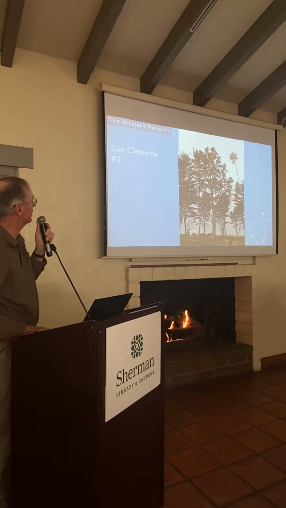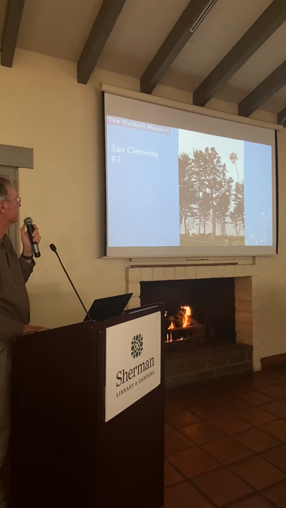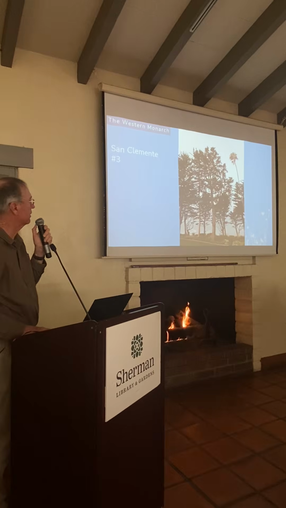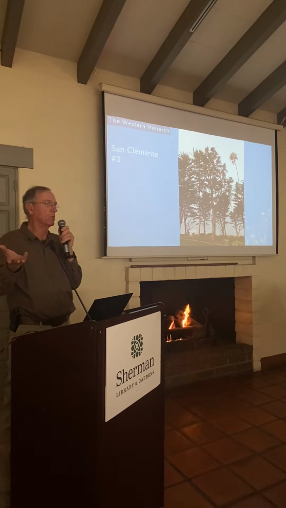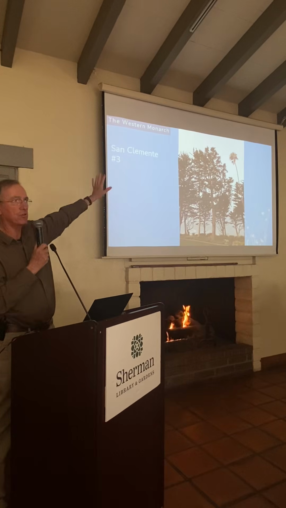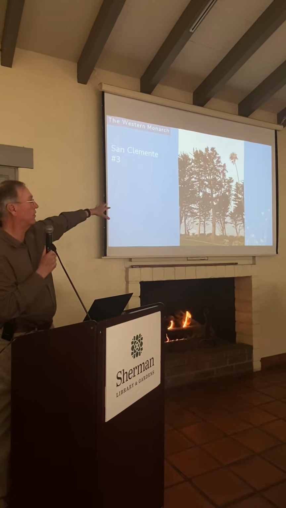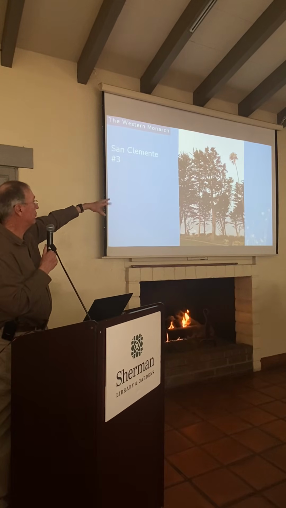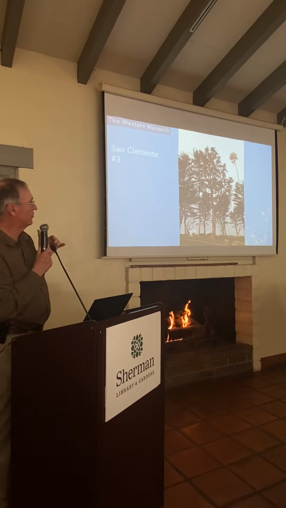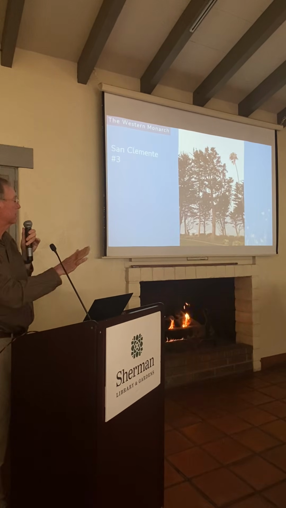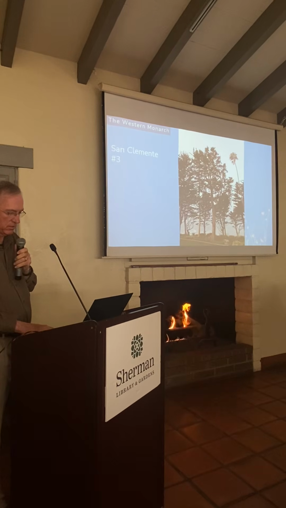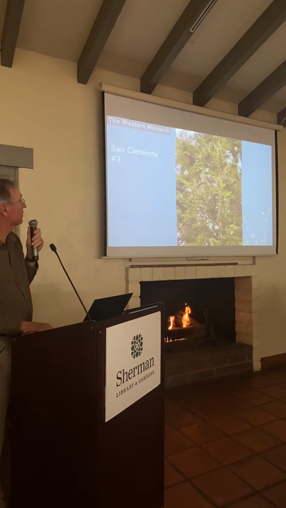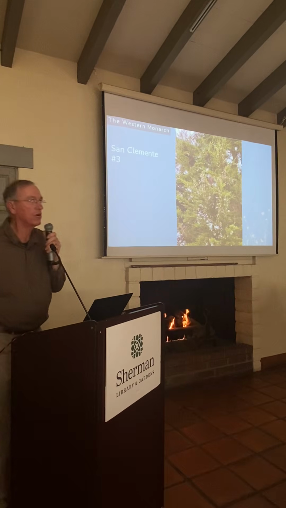Here's the third site. This one's of special significance to me. As mentioned earlier, I work at Rogers Gardens. This is the owner of Rogers Gardens's garden, part of his garden. Those are Monterey cypress that he has planted along the perimeter in San Clemente, and I know that's a little hard to see for you.